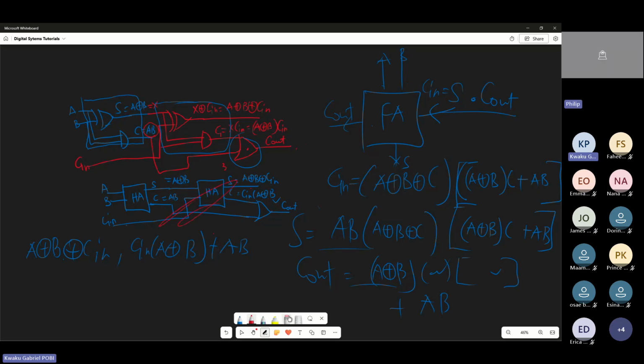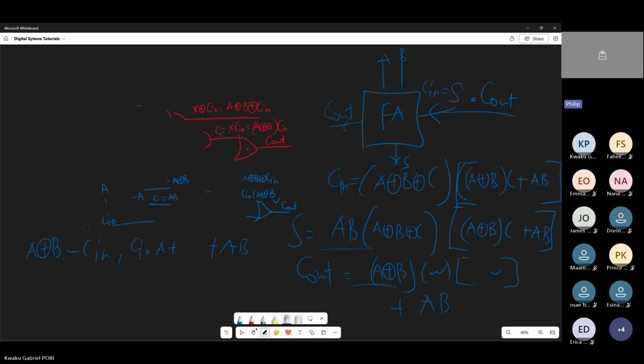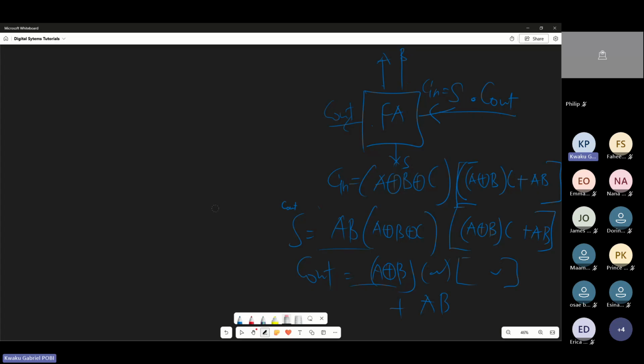So with a multiplier, if you are asked to design a multiplier with the first number having 3 bits, and then the second number having 2 bits, like X is X2, X1, X0, like this.